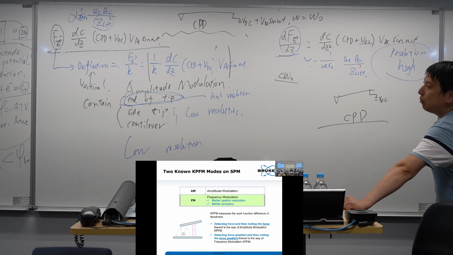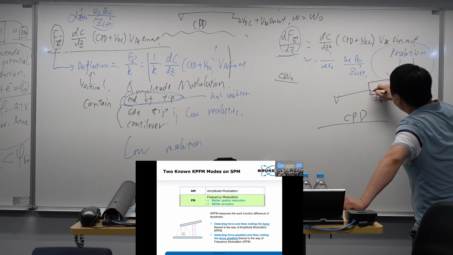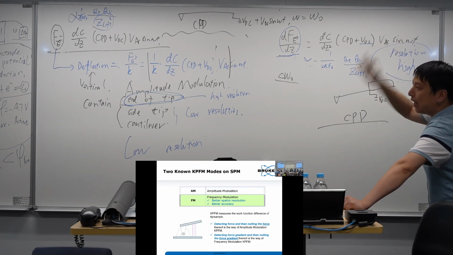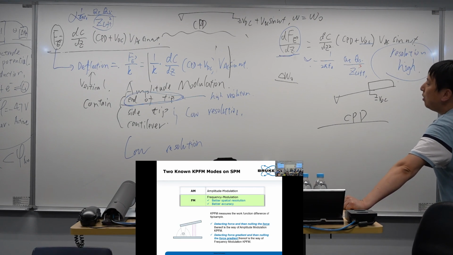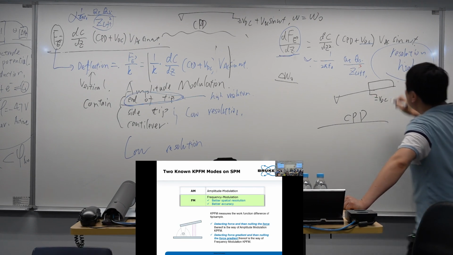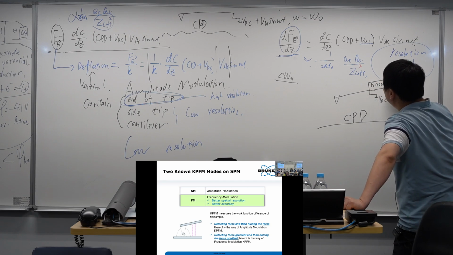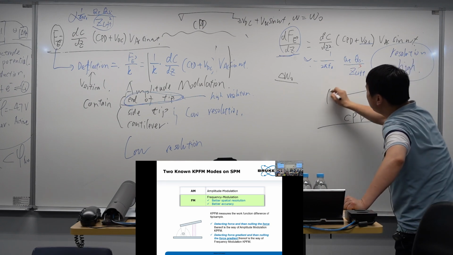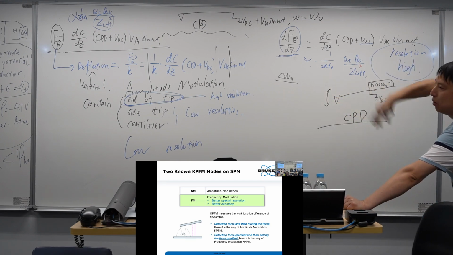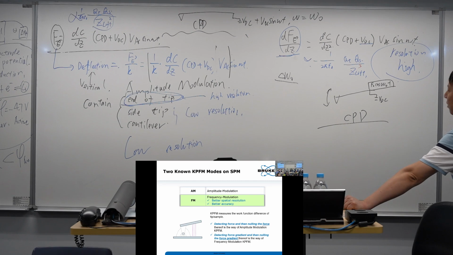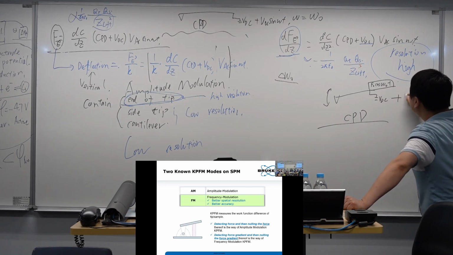What we did in the morning is make the probe do the tapping mode. We make the probe vibrate, so we apply a force F0 cosine omega 0 t, and then the probe is doing the tapping mode. And then we apply VAC sine omega t.